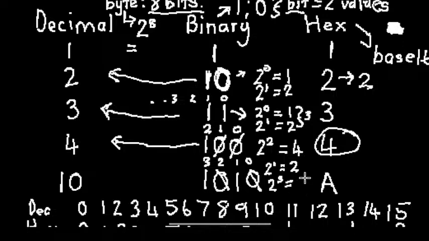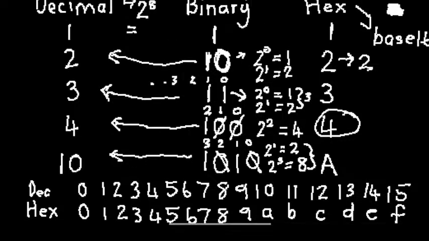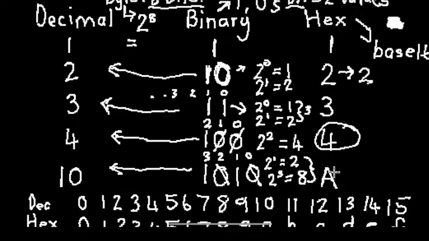And 2 to the power of 3 is 8. When we add these two up, we get the decimal number 10. 8 plus 2 is 10. But 10 as a hex number becomes A. And that's how we get the answer A as a hexadecimal.